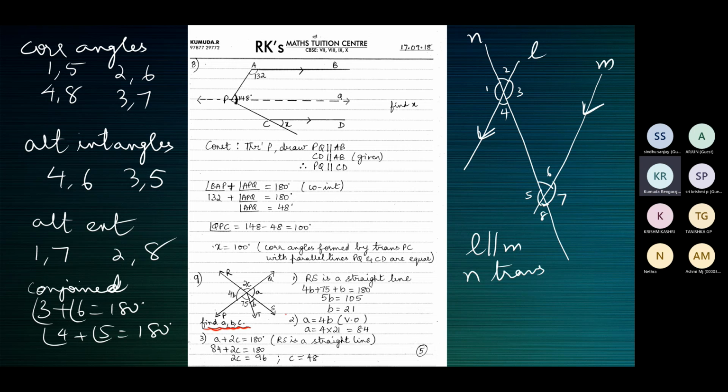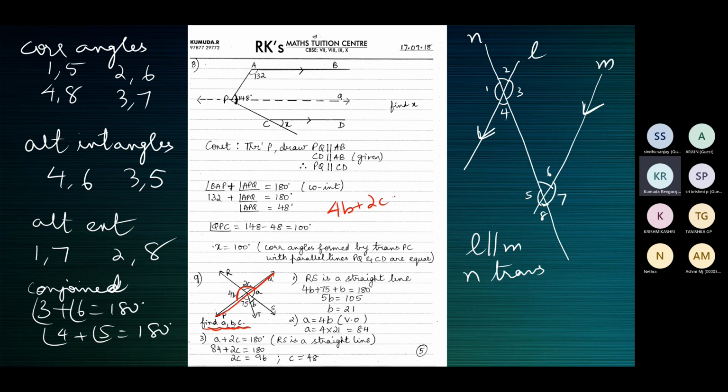Supposing you have an equation and there are two unknowns in it. You cannot find anything. So you must construct an equation in which there's only one unknown. Then you can solve that equation and find the value of that unknown. Now, you can say PQ is a straight line. So you can say 4B plus 2C is equal to 180.